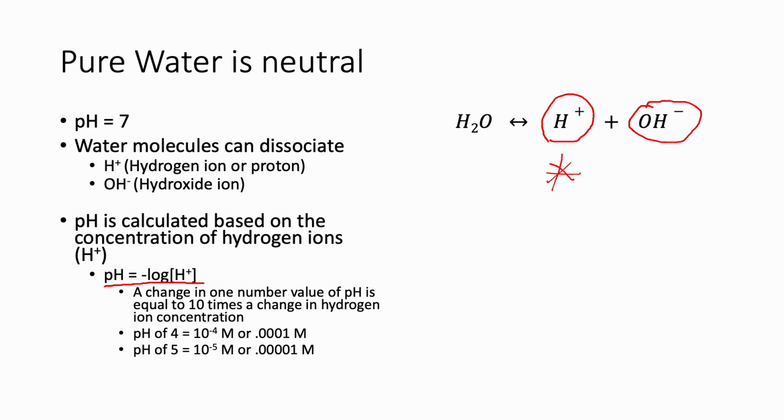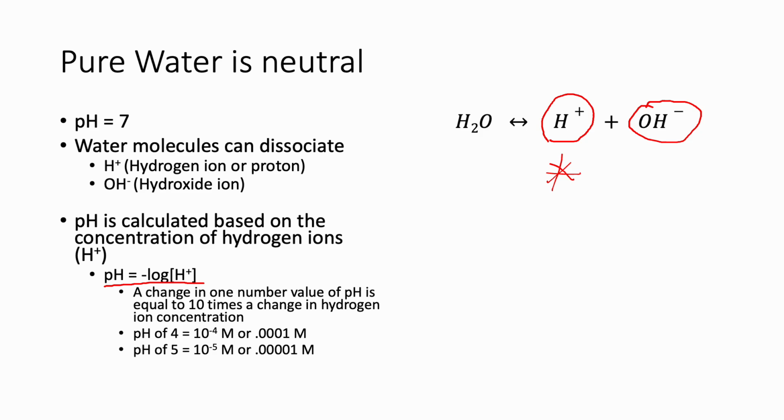So as I have written down there for you, pH of 4 means there is 1 times 10 to the negative fourth molar, or moles per liter, which is equal to 0.0001 molar. pH of 5 is equal to 10 to the negative fifth molar, or 0.00001.